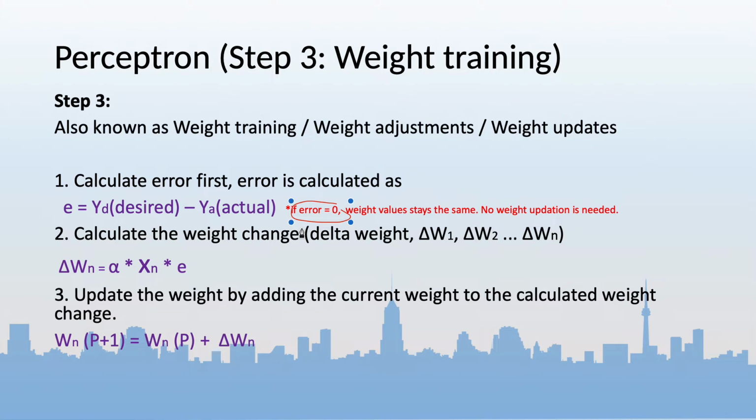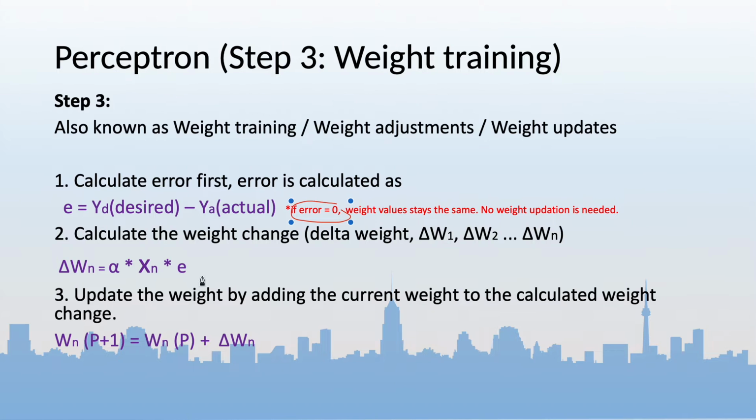Basically, the weight change is called delta weight. So we will calculate the delta weight by using, first, alpha, which is the learning rate, times the input, and then times the error.